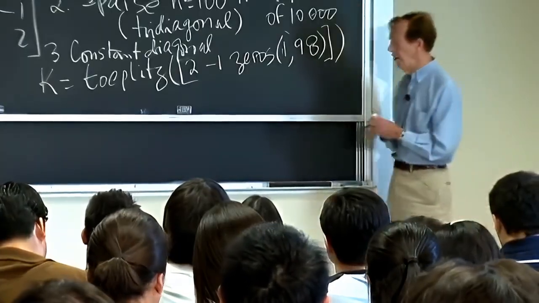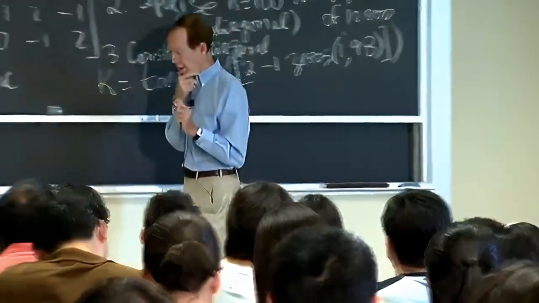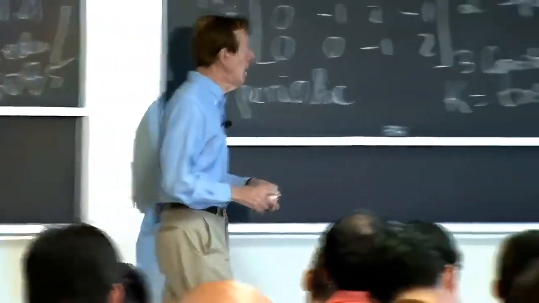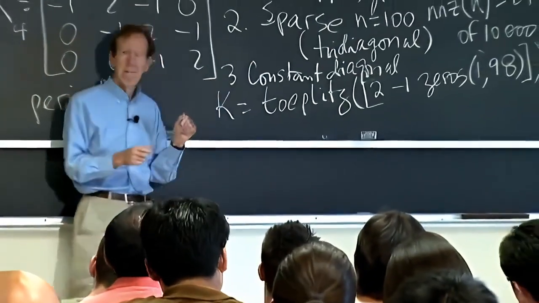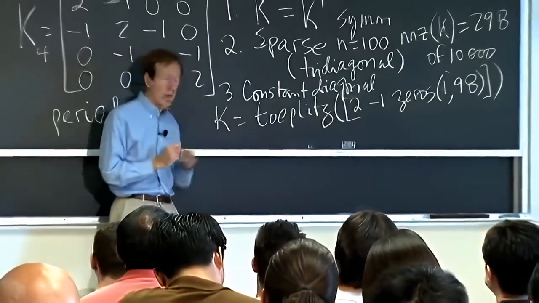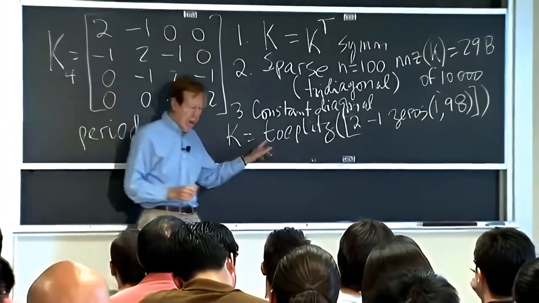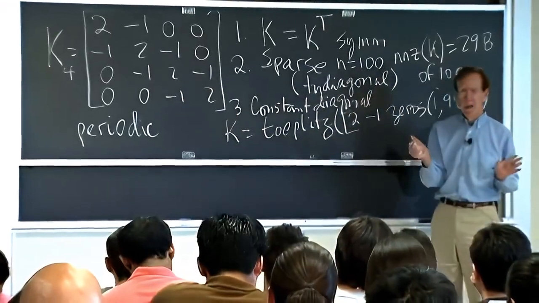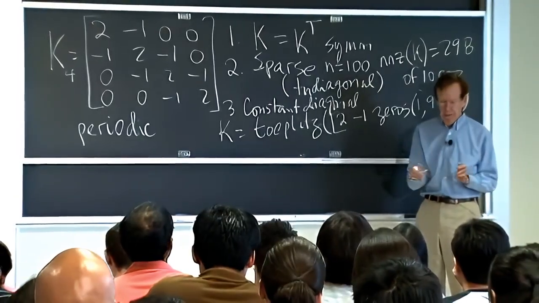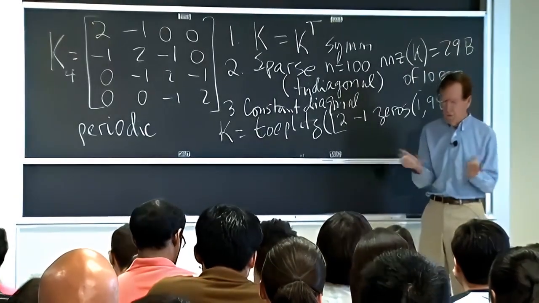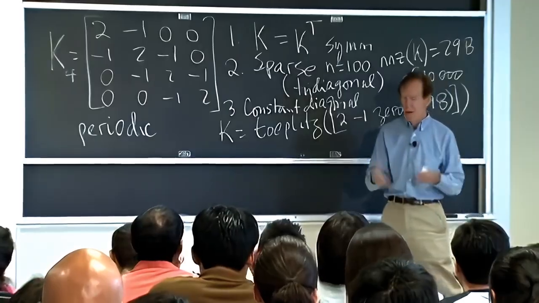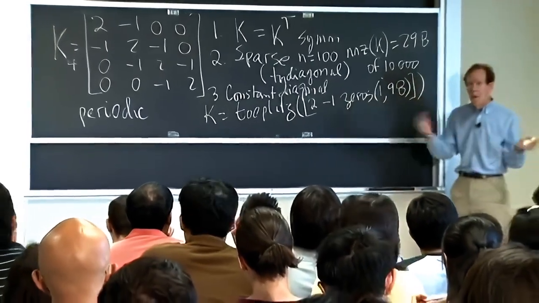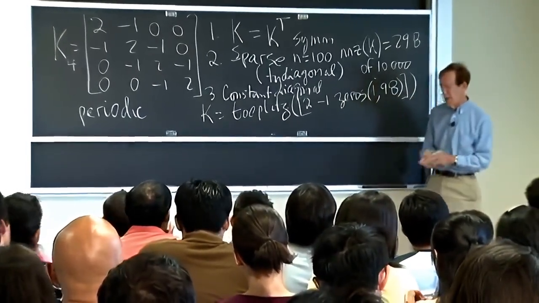Good. Oh, by the way, as long as we're speaking about computation, I've got to say something more. We said that the matrix is sparse, and this 100 by 100 matrix is certainly sparse. But if I create it this way, I've created all those zeros. And if I ask MATLAB to work with that matrix, square it or whatever, it would carry all those zeros and do all those zero computations.